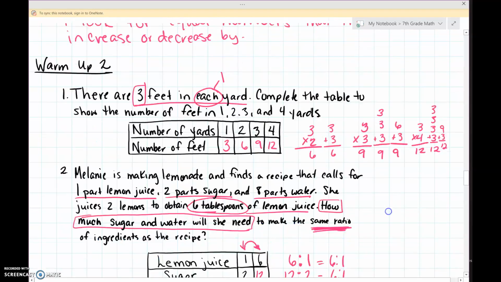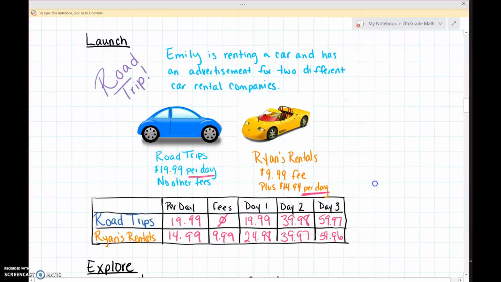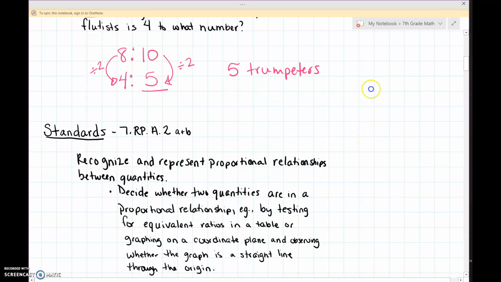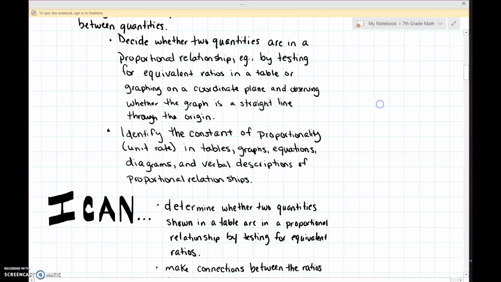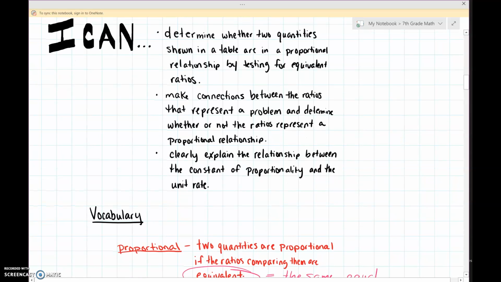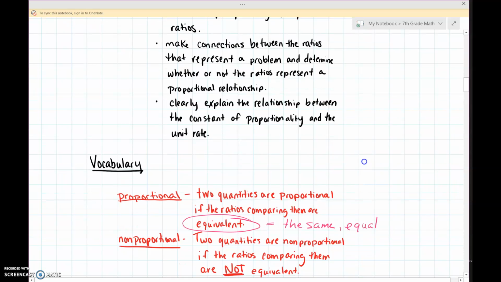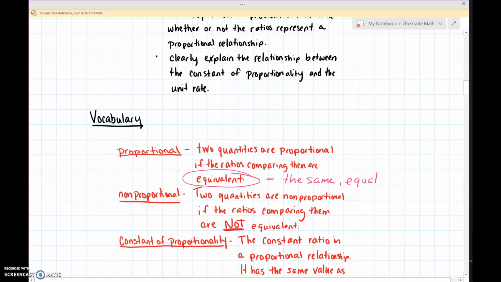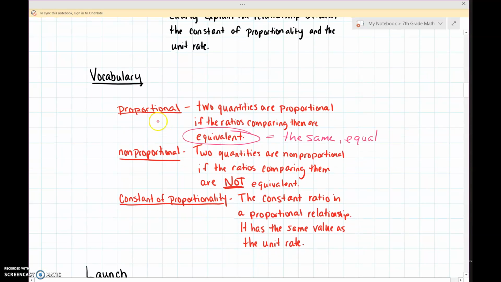All right, so today we are going to continue working on recognizing proportional relationships between quantities, how we can determine those using a table, and connections between ratios to represent a problem and explain the relationship. Our word, the one we're going to really work with today, is proportional, which is 2 quantities are proportional if ratios comparing them are equivalent or equal.